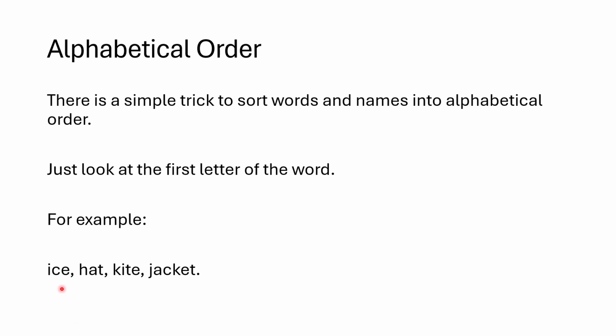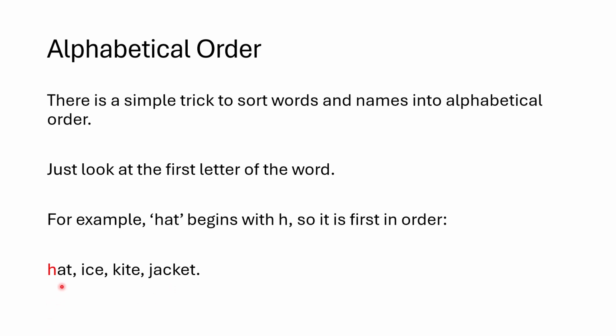For example, ice, hat, kite, jacket. Hat begins with H, so it is first in order. Ice begins with I, so it is next in order.